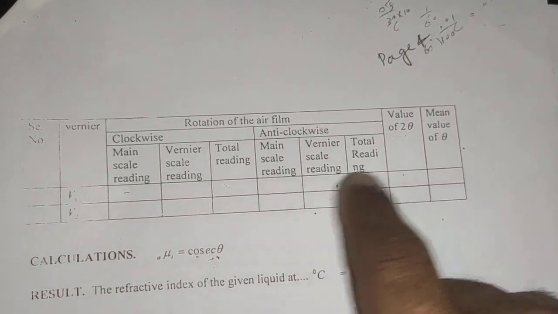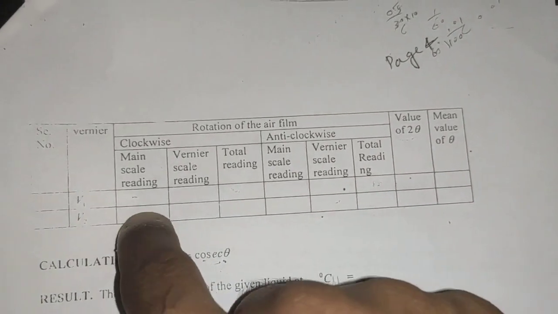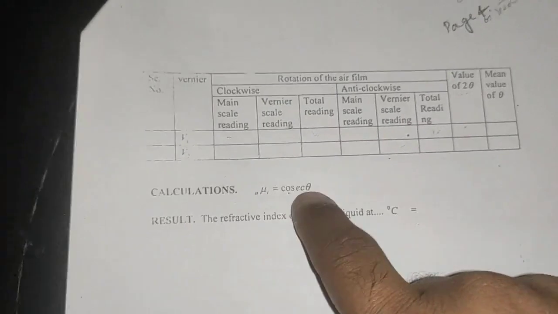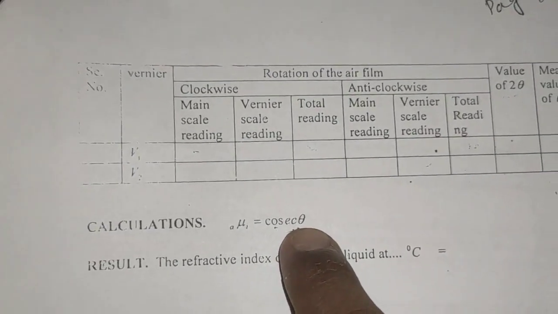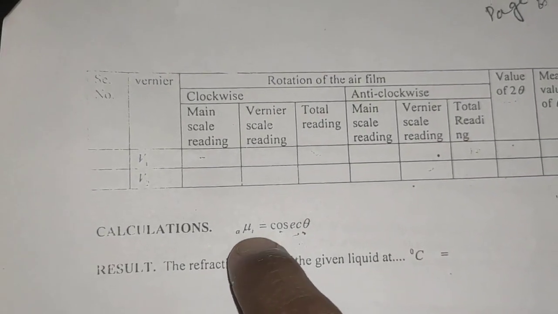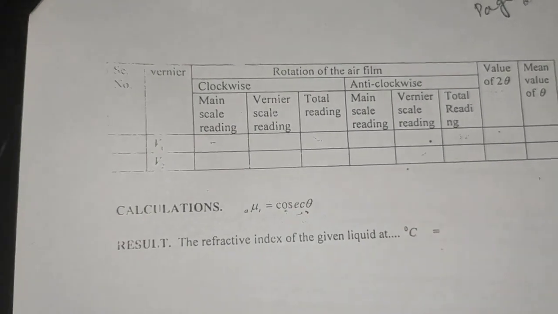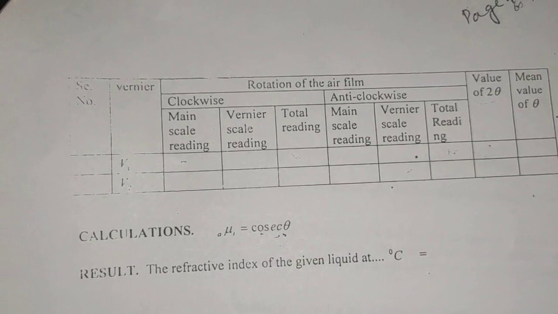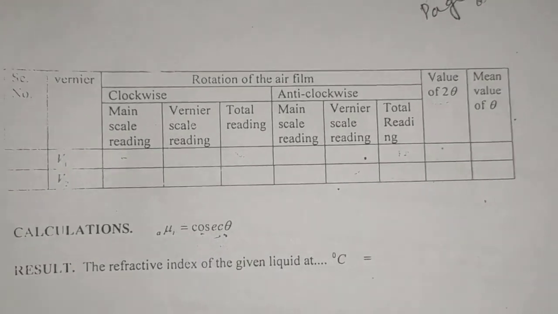Then we take the difference, noting down all the readings, take the values of 2 theta and theta, and put them in the formula. The refractive index from air to liquid is cosec theta, and this is all about the refractive index of the given liquid, which is water in our case.